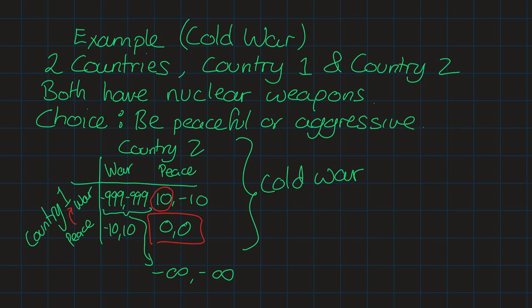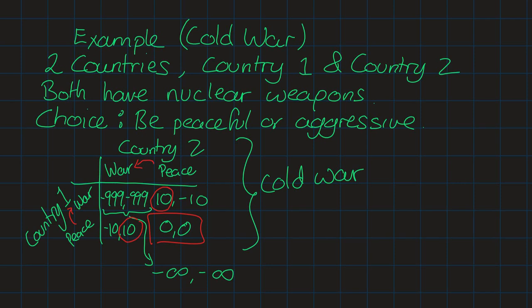But Country 2 is also thinking, hold on, I might invade. I have the option of going from 0 to 10 and gaining some resources. Okay? So the best response, if we want to talk about this in terms of best responses, the best response for Country 1, if Country 2 is peaceful, is for Country 1 to declare war.